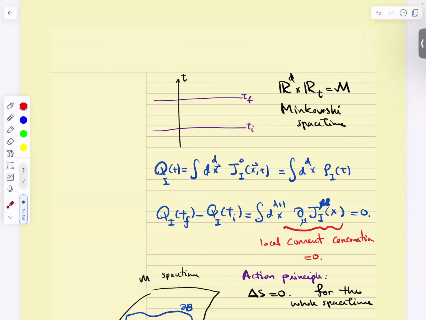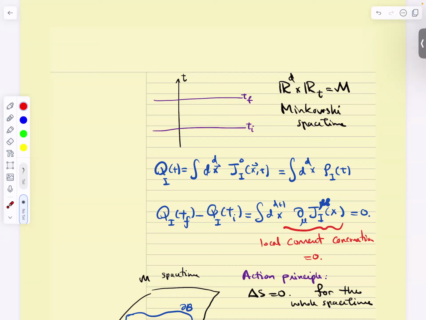Let's make sure this is important. Currents live at every point in space-time. Charges live on codimension-one surfaces. Usually we think of that as constant time, but it doesn't have to be.